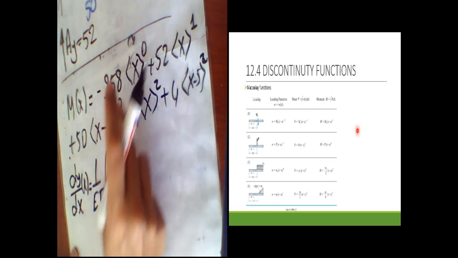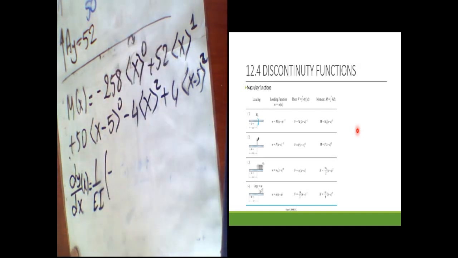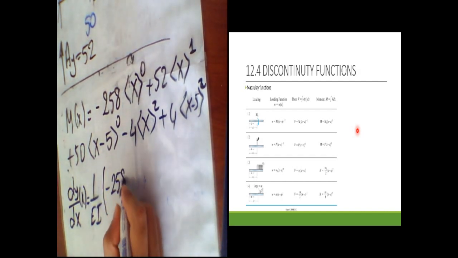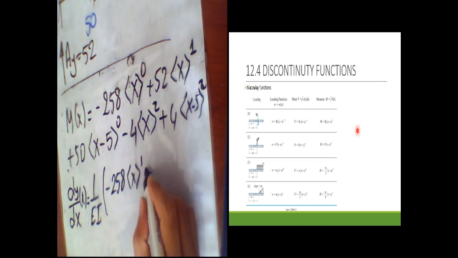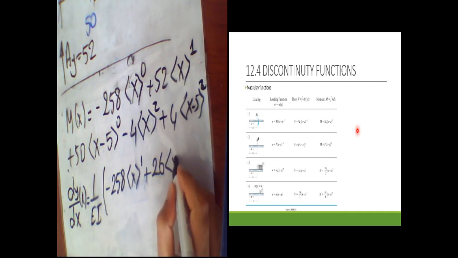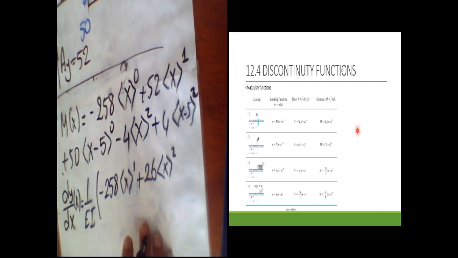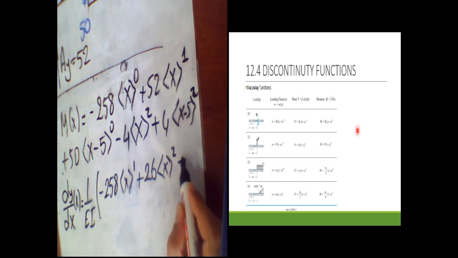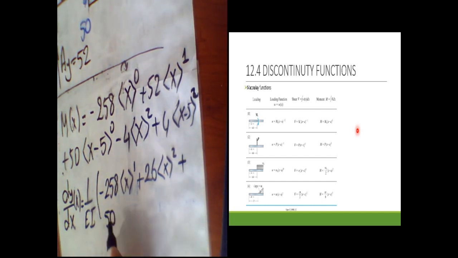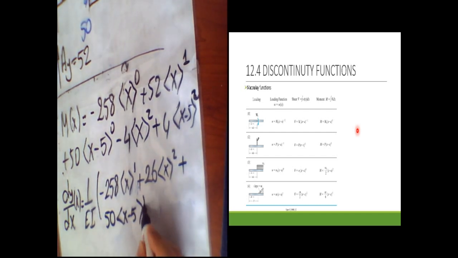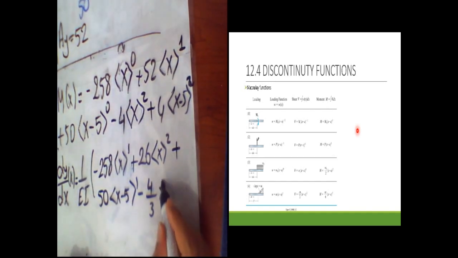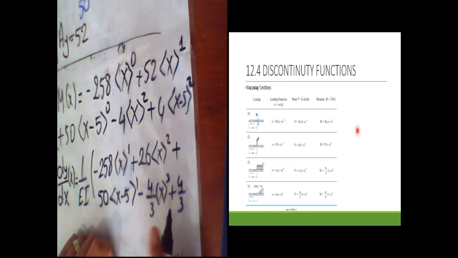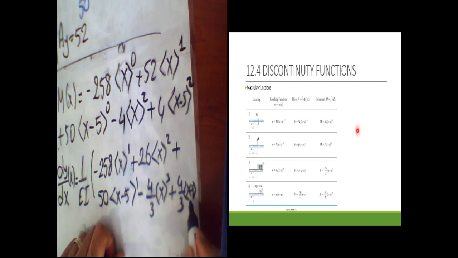If I take one more integration, these terms with power 0 become 1, therefore I have 258 x to power 1 plus 26 x power 2 plus 50 x minus 5 power 1 plus 4 over 3 x minus 5 to power 3.